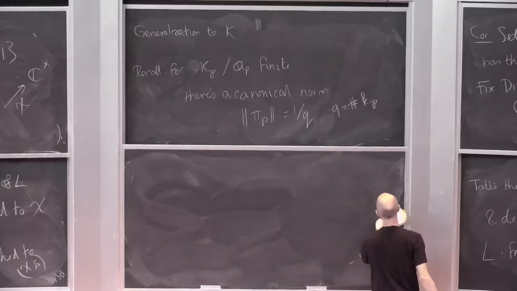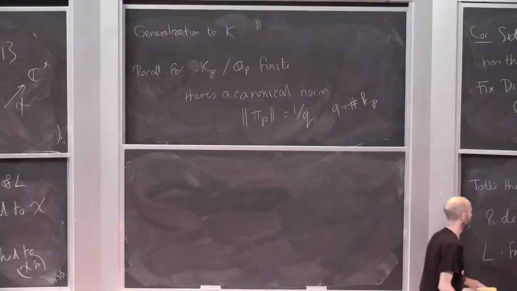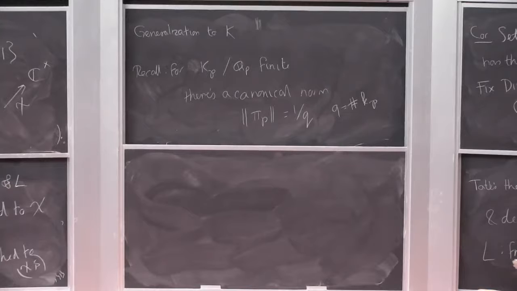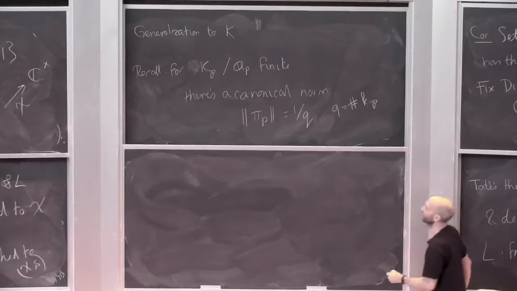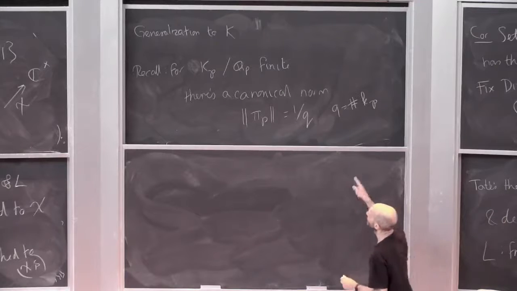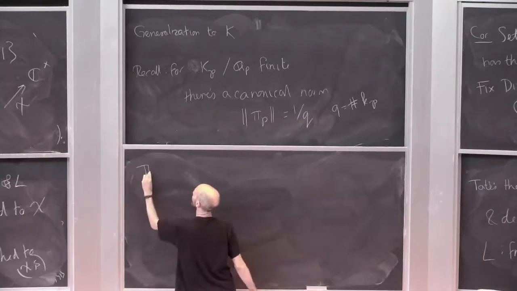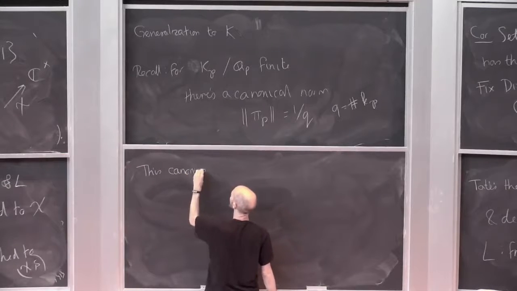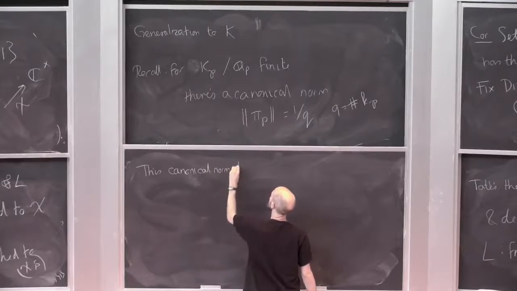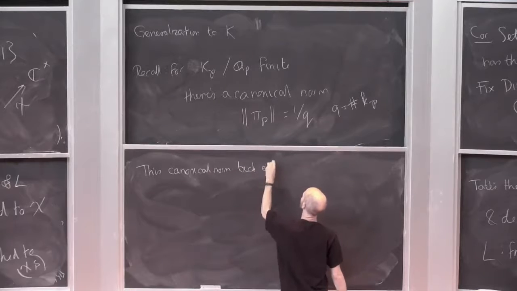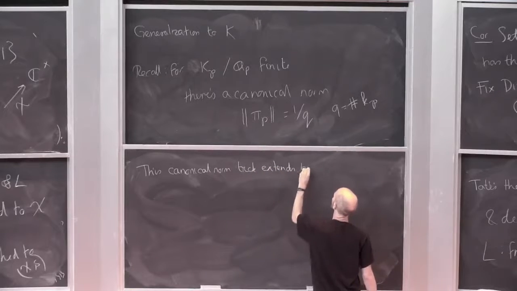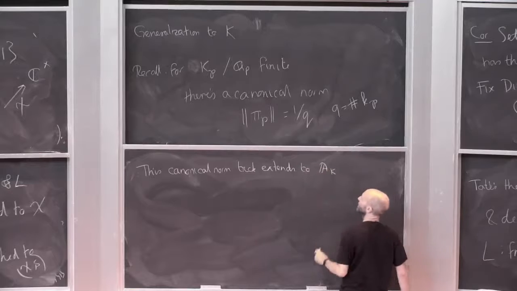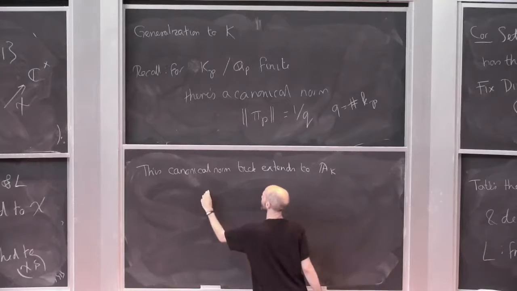Okay, but the adeles are locally compact, and you could do some global calculation. I've just told you something that generalizes, and this canonical norm trick extends to the adeles of K, right? Take some Haar measure.